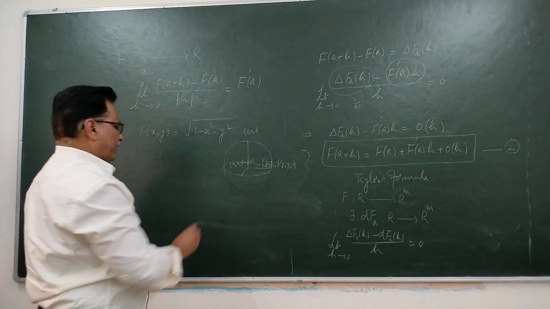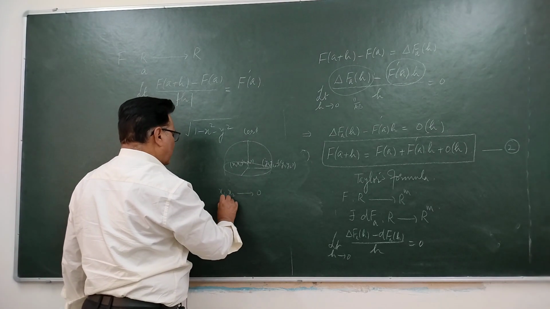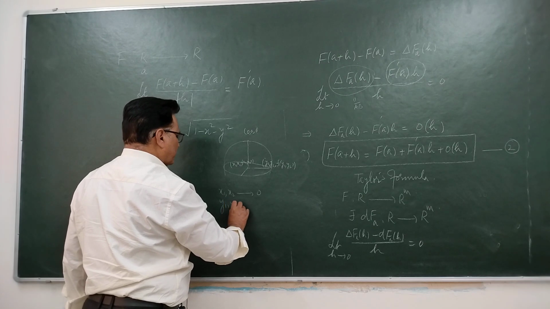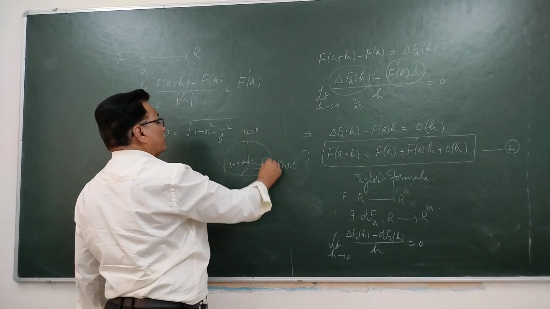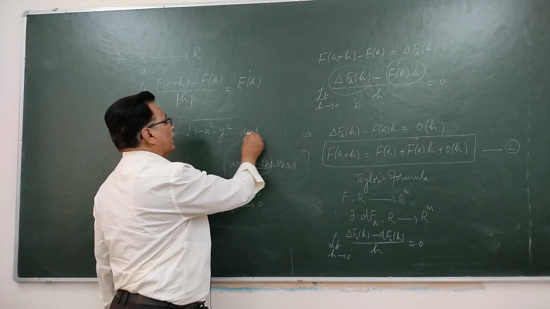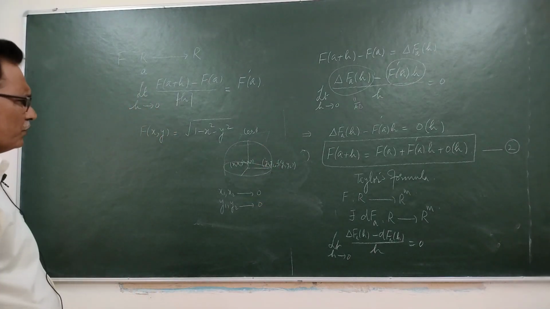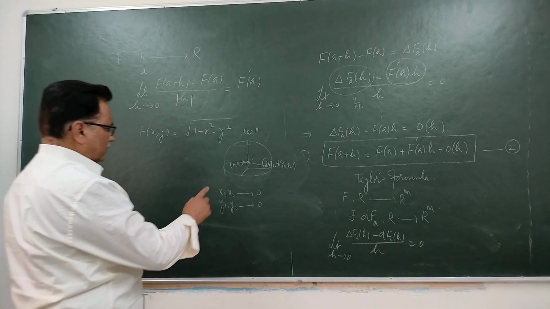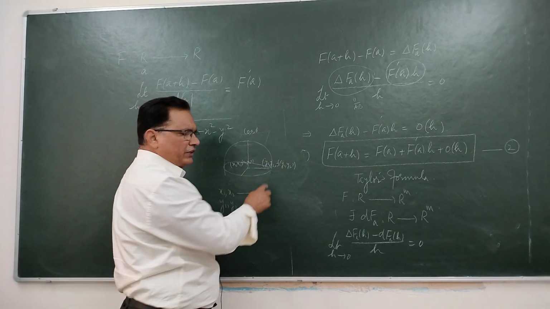Now suppose x1, x2 tends towards 0 as well as y1, y2 tends towards 0. What I expect is that the tangent passing through these points will become the tangent plane at the point 0, 0, 1. But this won't happen. In fact, it will depend on how x1, x2 and y1, y2 tend to 0.